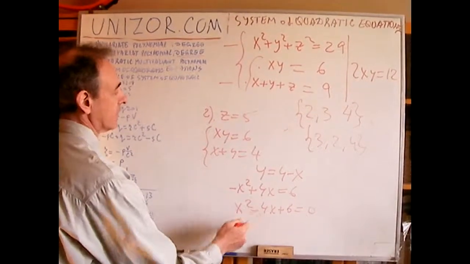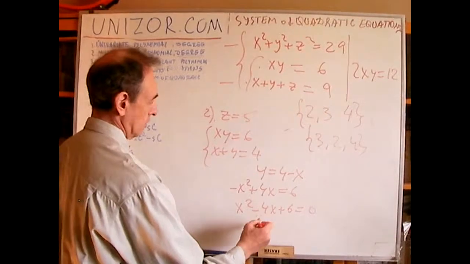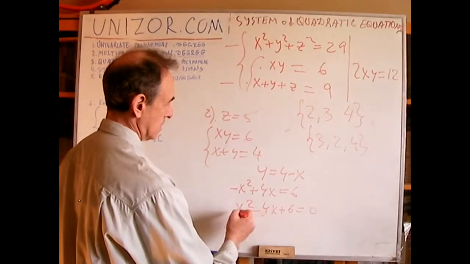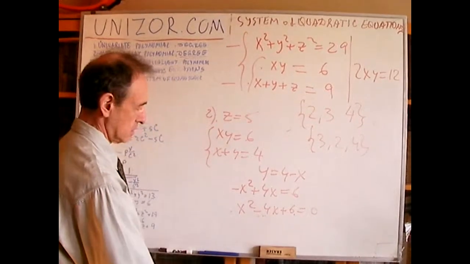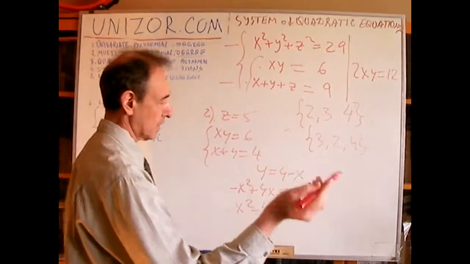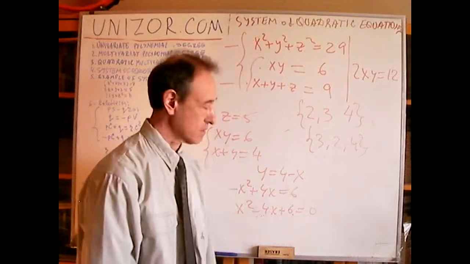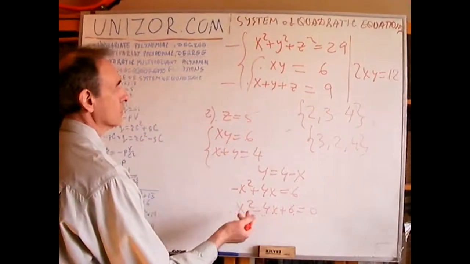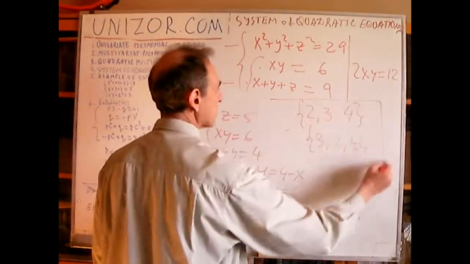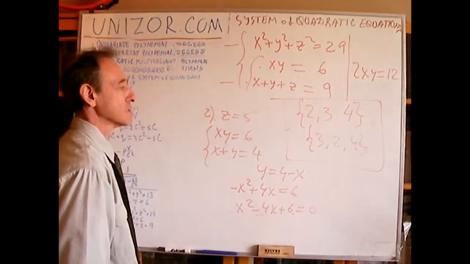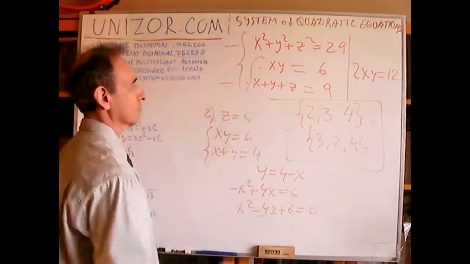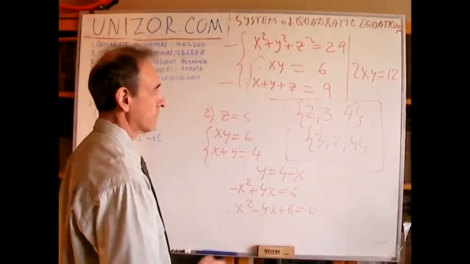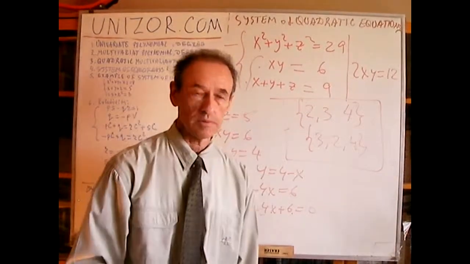And this doesn't have any solutions because 4 squared, which is 16, minus 4 times 6, which is 24, is negative, so you will have a negative under the square root. So no solutions here. So the whole system has only these two triplets of x, y, and z as solutions. And if you substitute them, you can definitely see that the checking works as well.